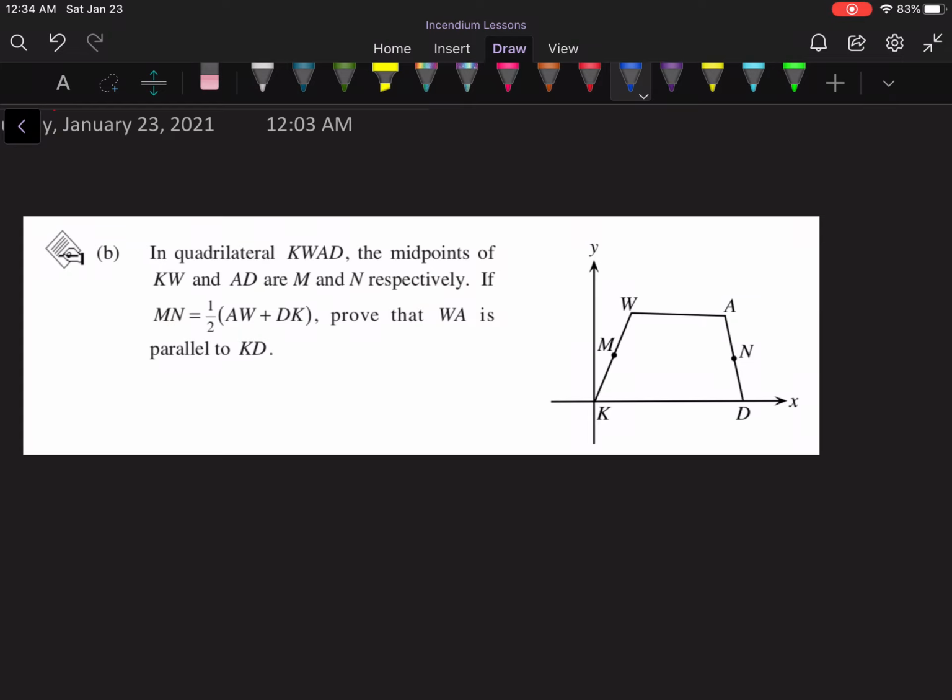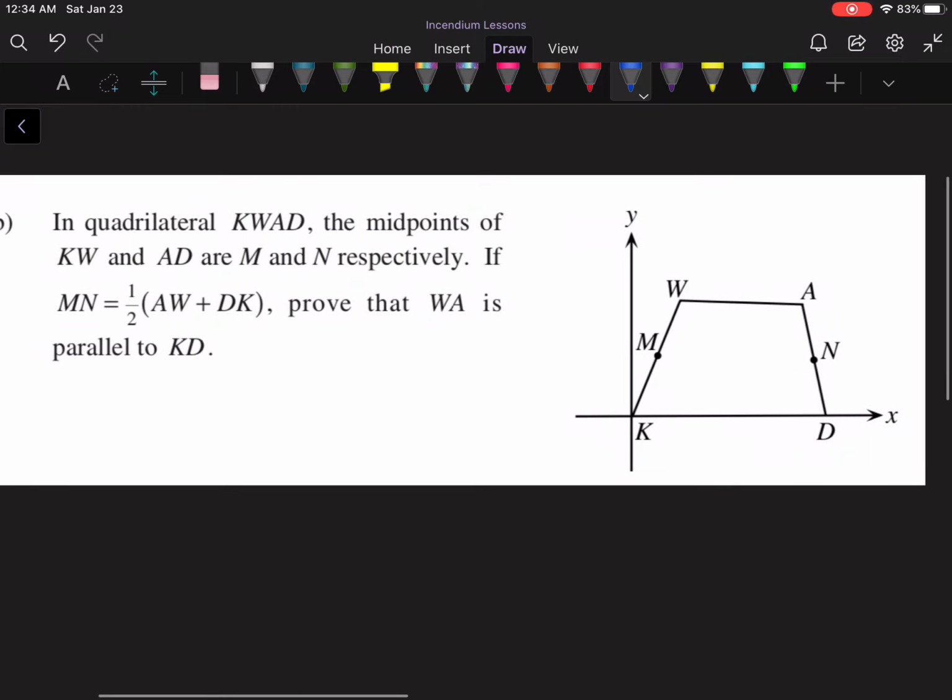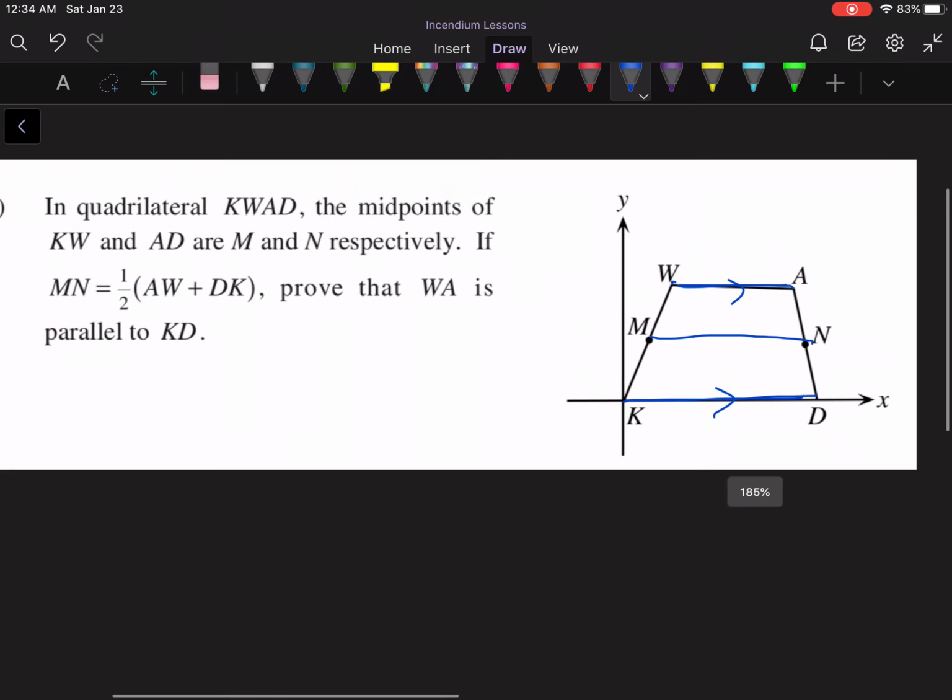Essentially, we're trying to prove that this and this are parallel, given that this length is the average of the top side and the bottom side. Okay, that's pretty interesting.